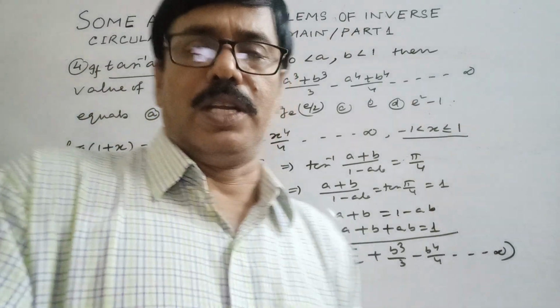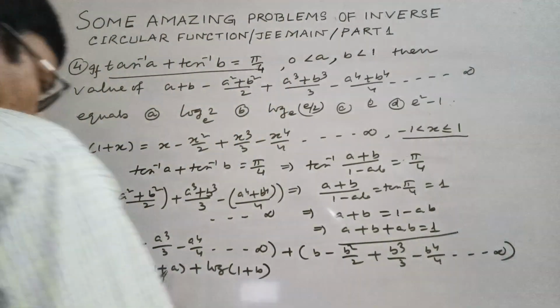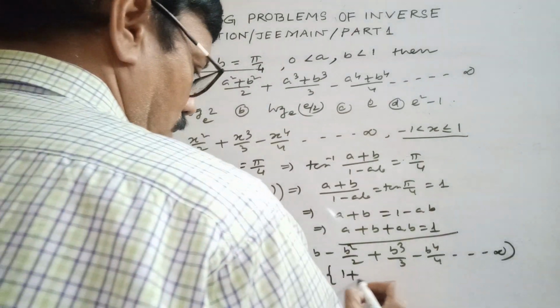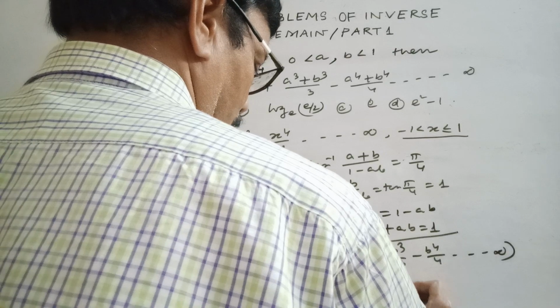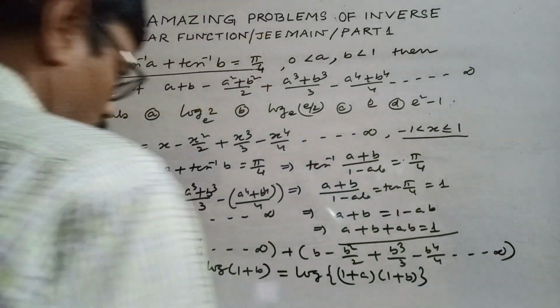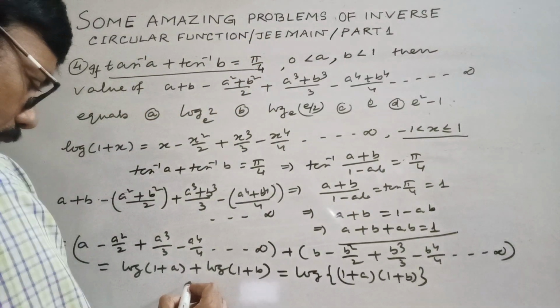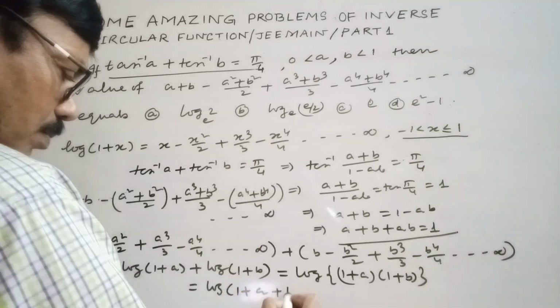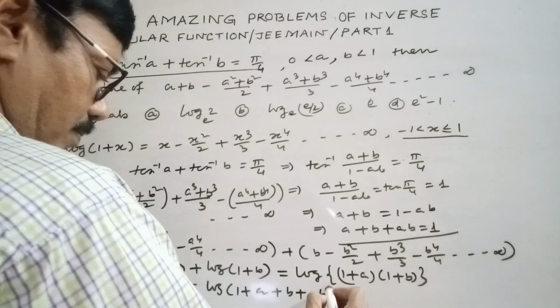Now sum of logs is log of the product. So log of 1 plus A into 1 plus B. So what are we getting? Log of 1 plus A plus B plus AB.